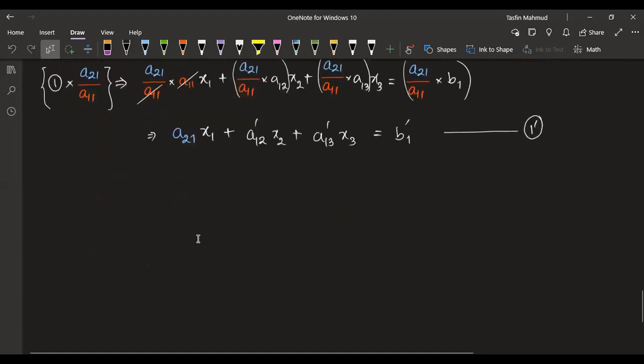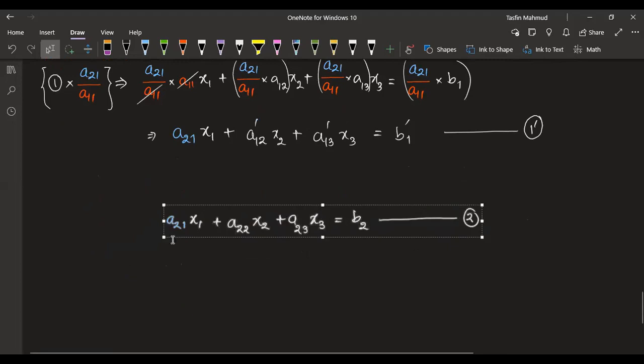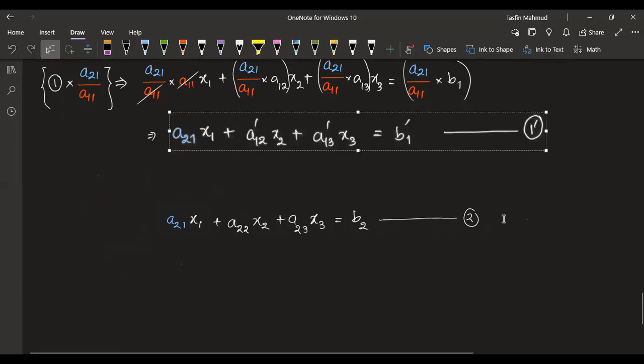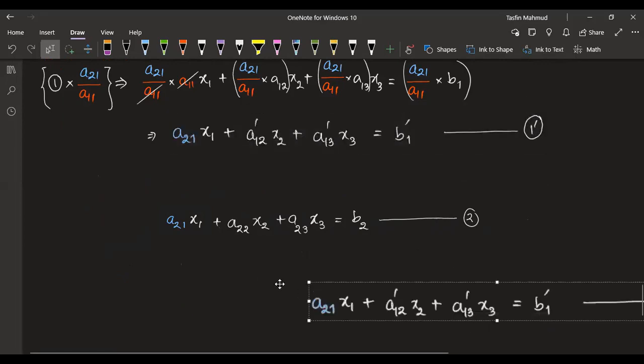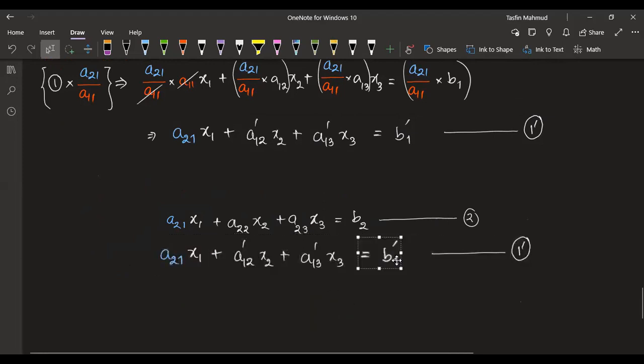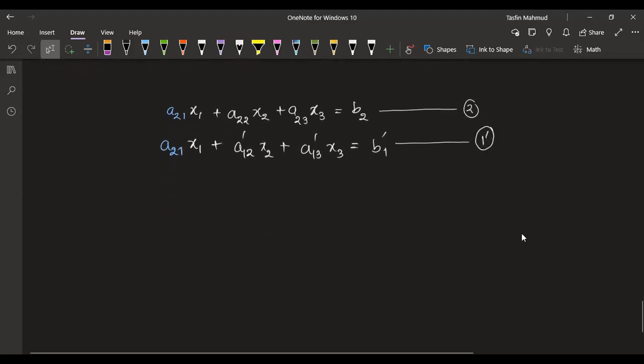This is equation number 2, and in this equation we were supposed to eliminate this term, and we have the 1 prime equation here. So if I subtract 1 prime from 2, let me make it a bit smaller.